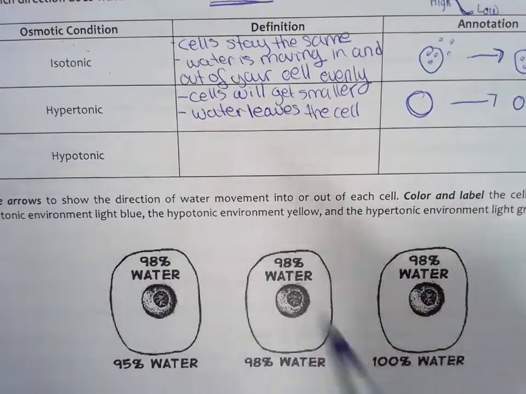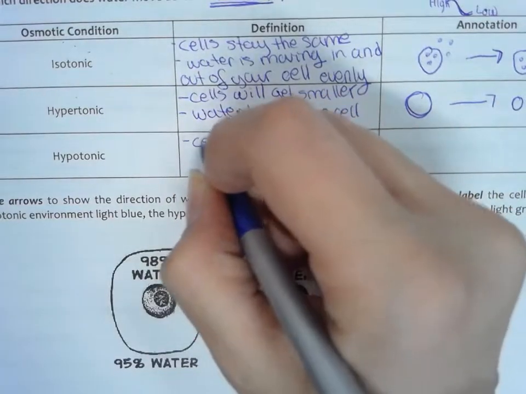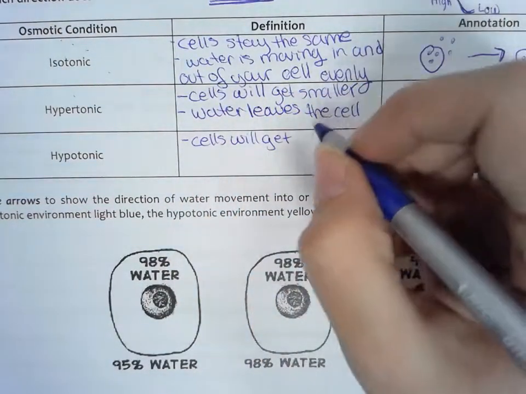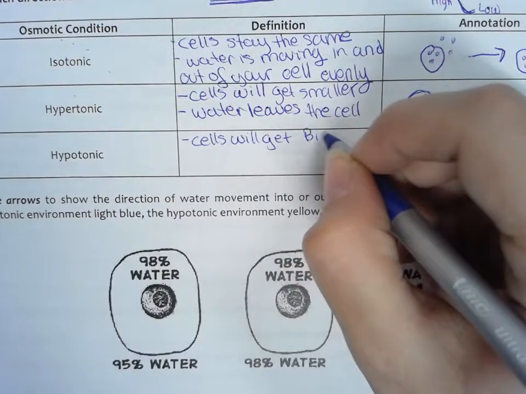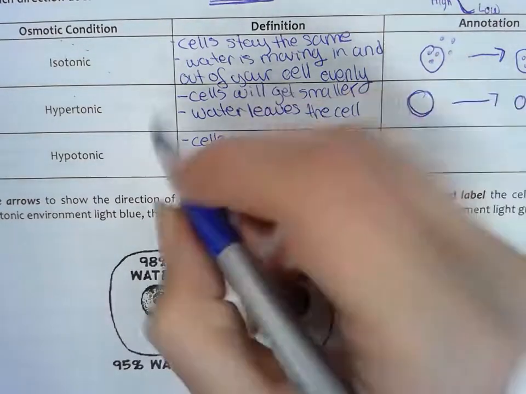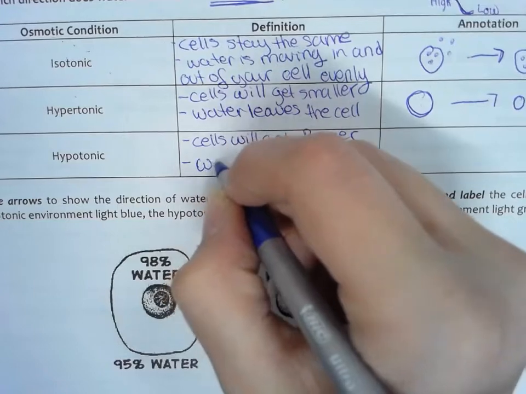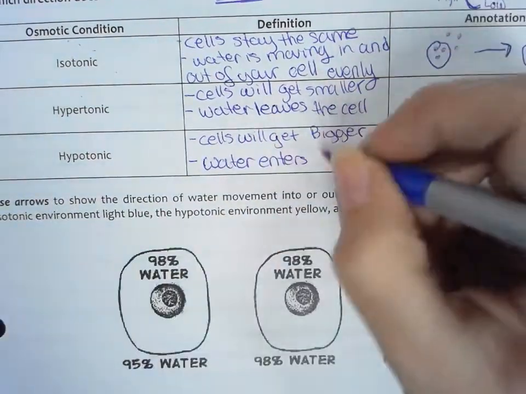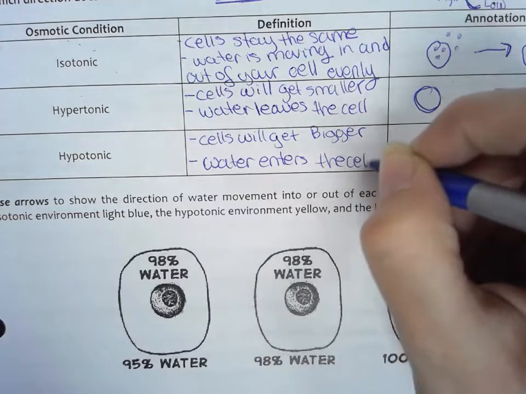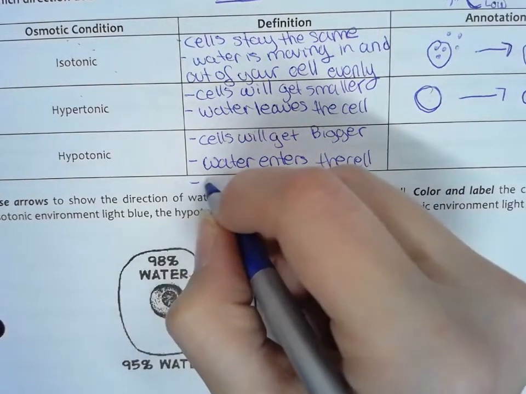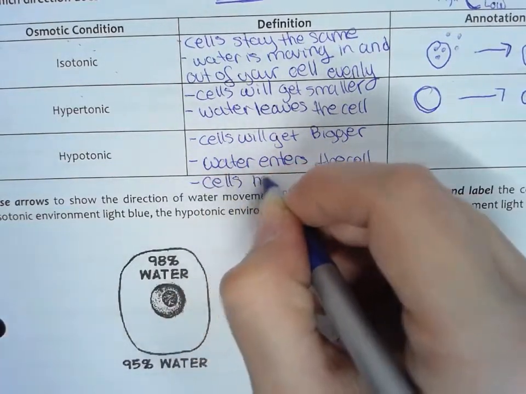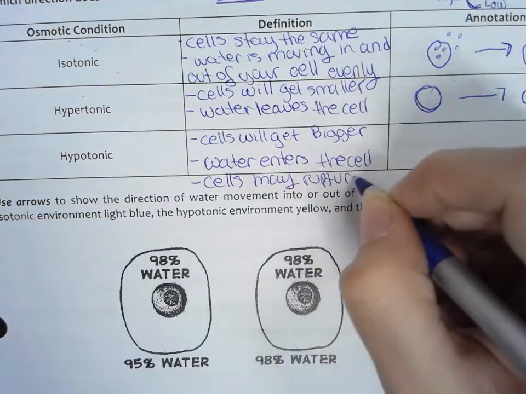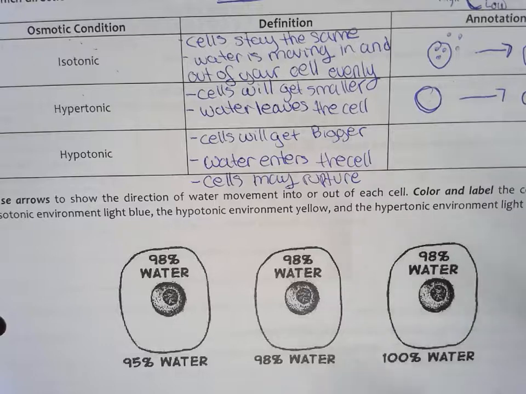In a hypotonic environment, cells will get larger or get bigger. This is because water enters the cell. So in this case, cells may rupture or explode because it's so filled with water.